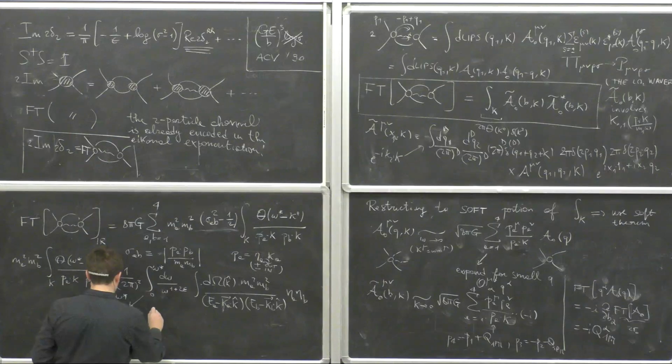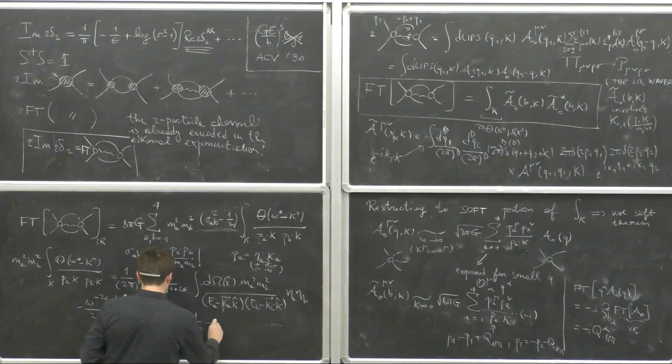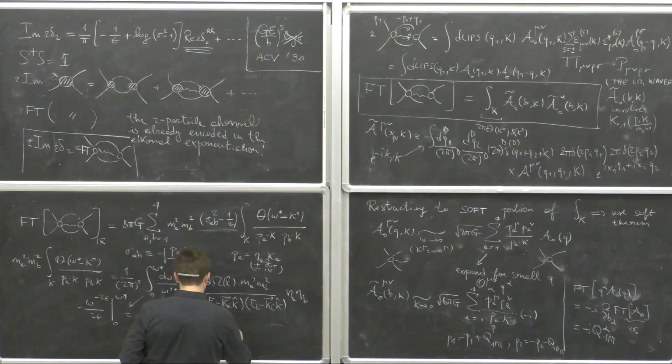So this is exactly minus omega star to the 2 epsilon divided by 2 epsilon. And then we can expand this for small epsilon, so minus 1 over 2 epsilon plus log of omega star.